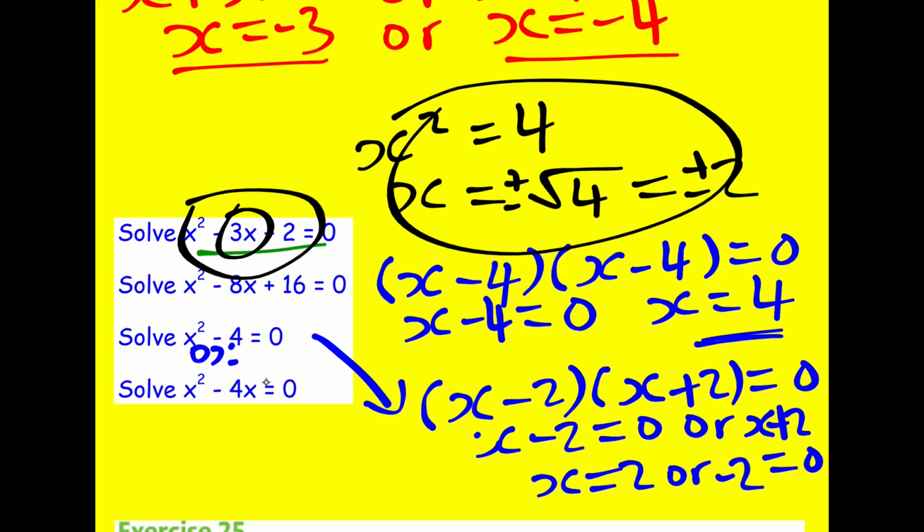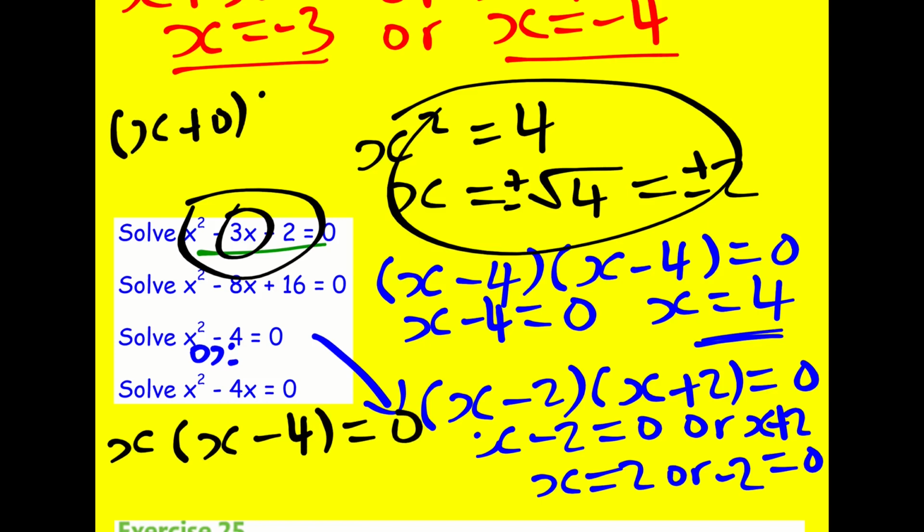Okay, last one. This is one of those quadratics that again confuses, but actually it's probably the easiest one. This one has a common factor. The other ones didn't, I had to use double brackets. But here I can use an x and an x minus 4 equals 0. Technically this is still double brackets because I could write it as x plus 0, x minus 4.